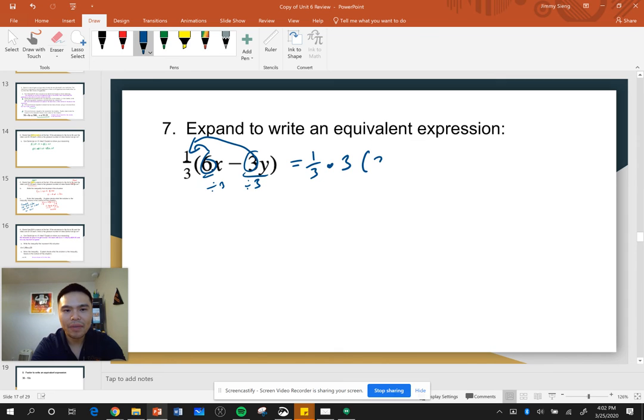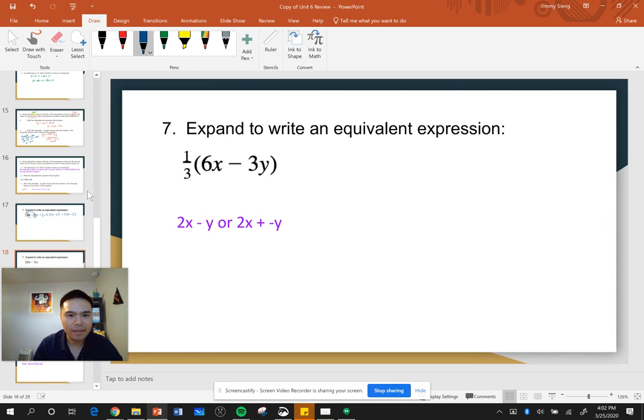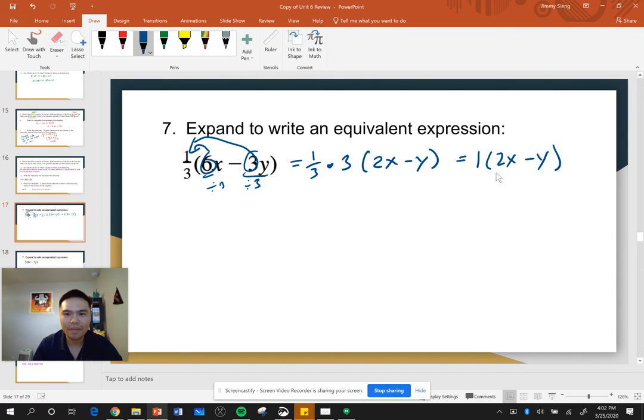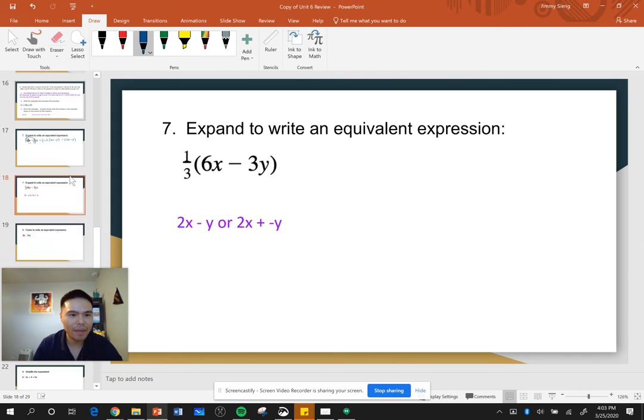Inside is 6 divided by 3 is 2x, and then y, okay? Simplify that. 1/3 times 3 is 1, 2x minus y. Okay, so that would be going backwards of the distributive property and taking out something from the parentheses. Yep, looks like those are our answers. If I times it by 1, I get 2x minus y, okay?